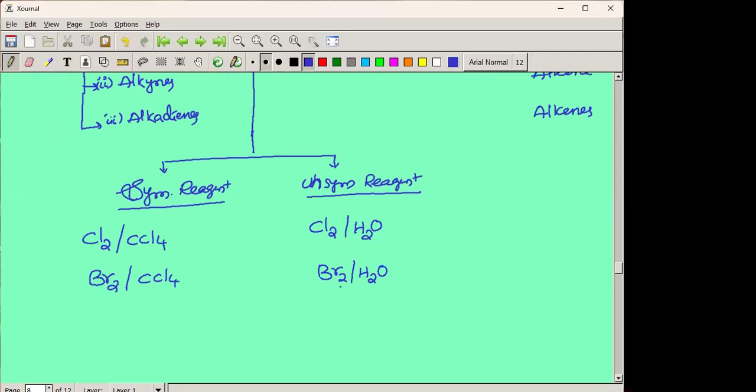Chlorine reacting with water gives HOCl, so hypochlorous acid is also an unsymmetrical reagent, and so is hypobromous acid. Similarly HBr, where we get two products, HOBr and HBr, is considered an unsymmetrical reagent. These are the electrophilic reagents. I am going to add some oxidizing agents also.